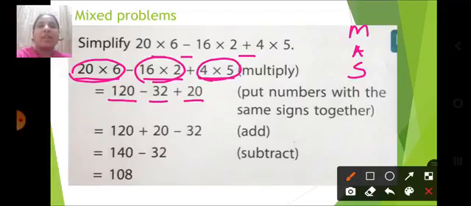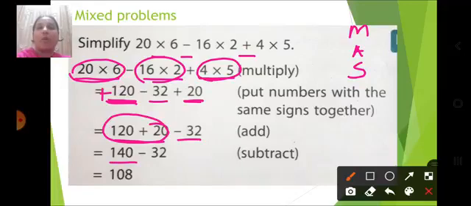So here 120, you can see children, there is no sign in front of it. It means there is a plus sign. Okay. So we will put the numbers with the same signs together. Means first we will take 120 and bring plus 20 together with it, and then we will write this minus 32. Now we will add 120 and 20, which will give us 140 minus 32.